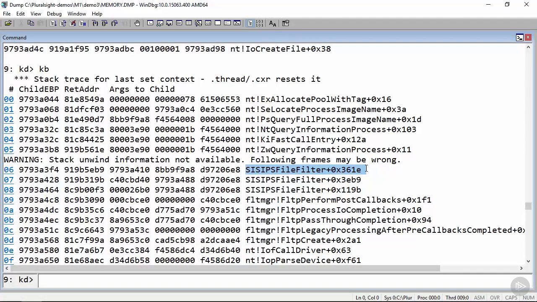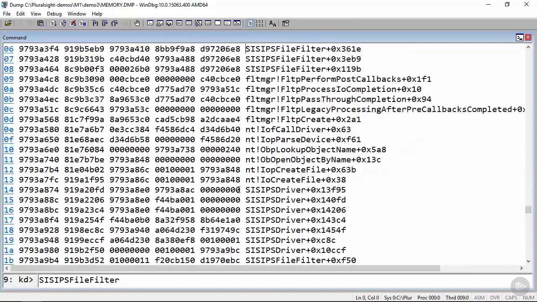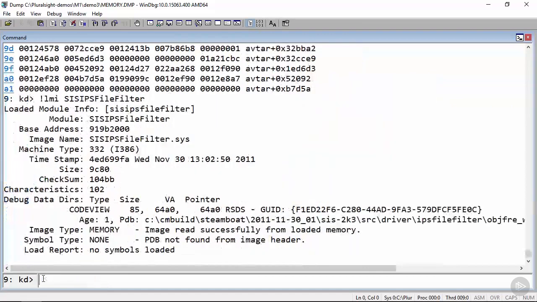And so, for some reason, we've got a problem with this driver. We don't know much about this driver, but that is the culprit essentially: the file filter driver and its cousin right there, this other driver. So we can do things like do a !lmi to get more information on that driver and the other driver associated with it.